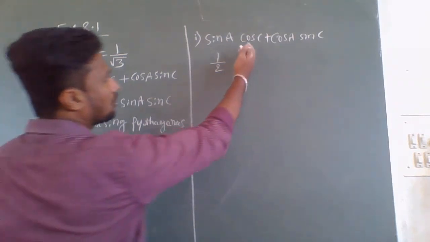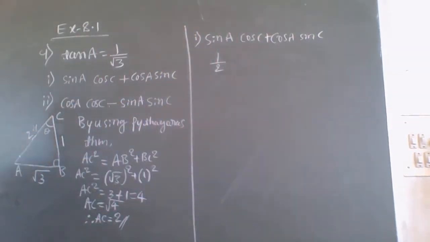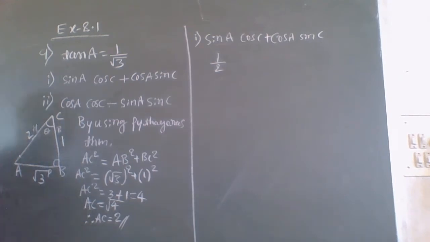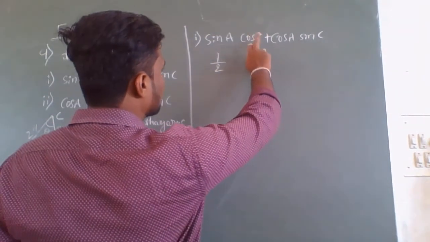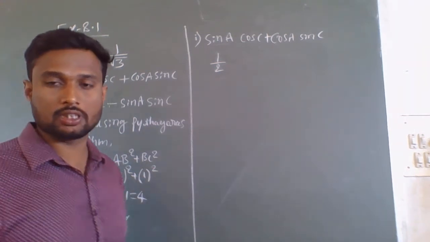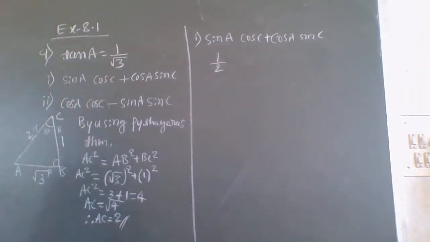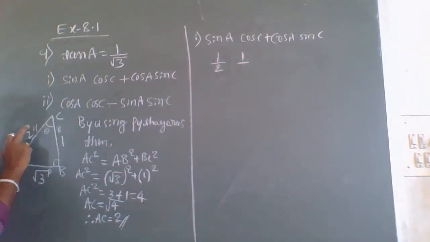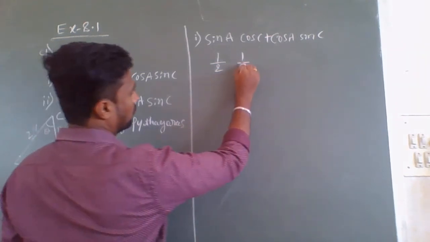With C as theta, the base is the side adjacent to theta, and cos theta always equals base by hypotenuse. The base is BC, whose length is 1, and the hypotenuse is 2.